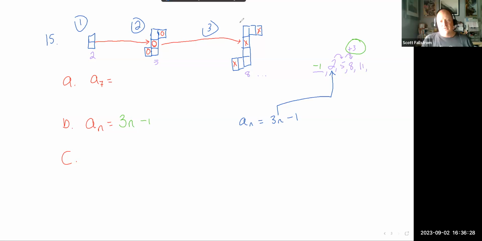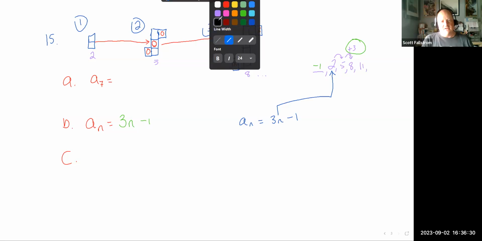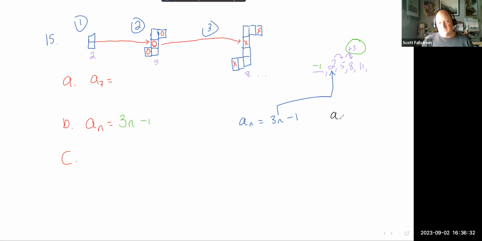Or you could come over and say, oh, Scott, I've got a third technique. Is this okay? I'd say, well, it certainly could be. And you say, well, I start with 2, and then I add a bunch of 3s, but to get from 2 to 5, I'd add one 3. To get from 5 to 8, I'd add one 3.